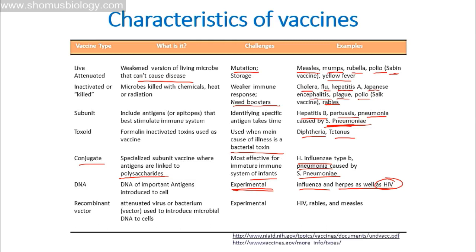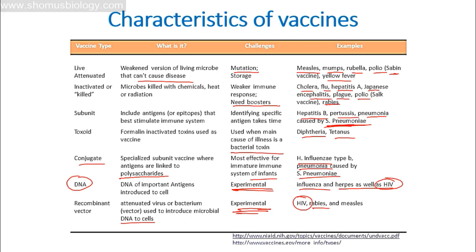Then the final is the recombinant vector: an attenuated virus or bacterium used to introduce microbial DNA to the cell. It's just like RDT, recombinant DNA technology based vaccines. It's related to the DNA vaccine, so both are at the experimental level, and researchers are working on HIV, rabies and influenza more.